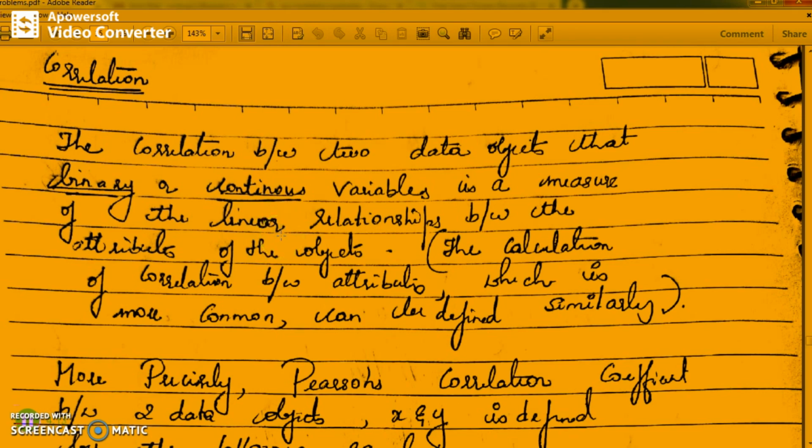What is negative correlation now? Negative correlation is something like, when one value increases, the other value decreases. What is the example of that? Let's take the example of students itself.